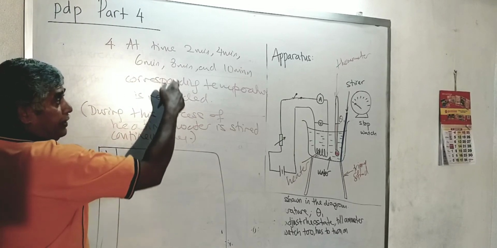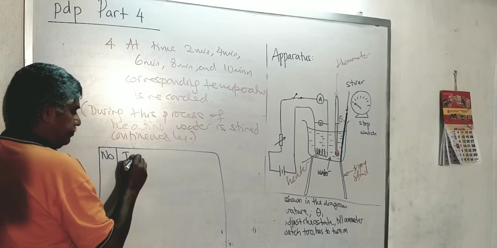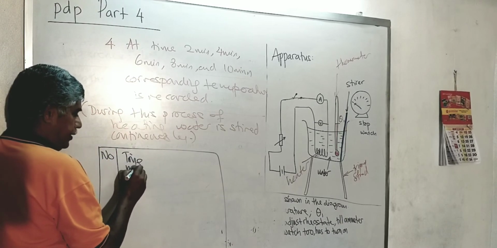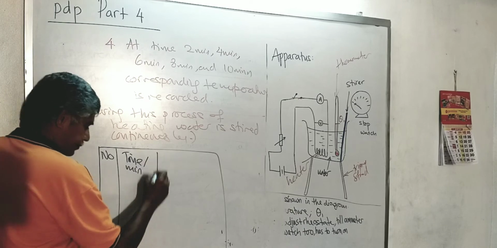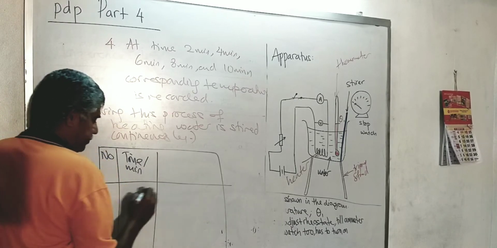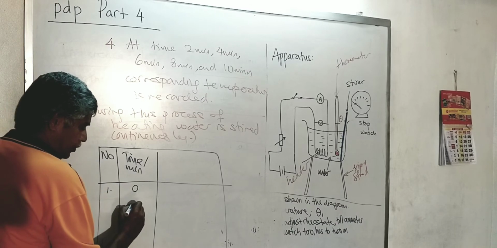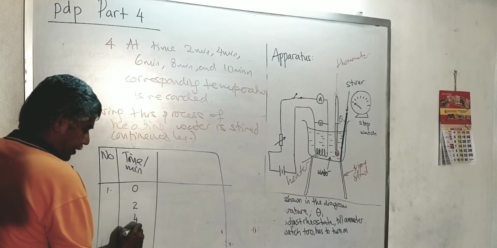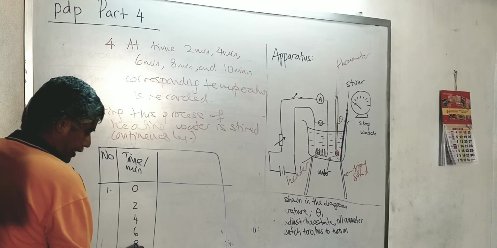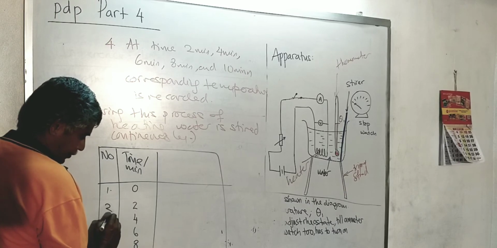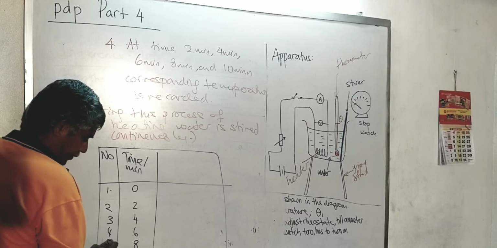Here you are varying the time, right? So time in minutes. So what's your time here? 0. Alright. Then 2 minutes, 4 minutes, 6 minutes, 8 minutes, 10 minutes.